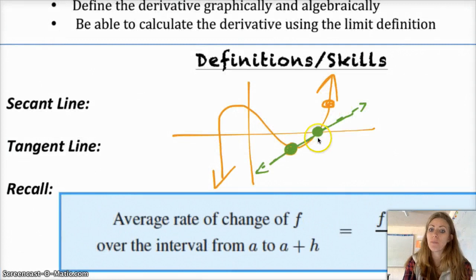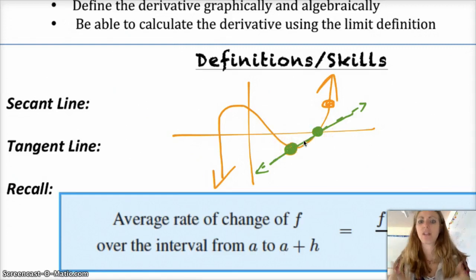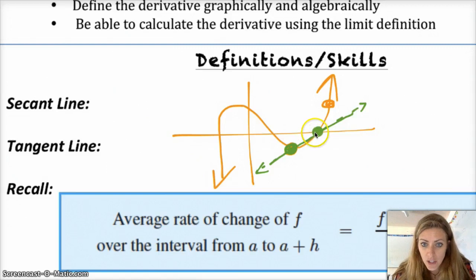Now, if I find the secant line between a point that is closer to the point I'm interested in, the slope of this line gets closer and closer to the actual slope of the curve at that point. But every time, the slope of the line is the average rate of change, until you get that point to be exactly here.